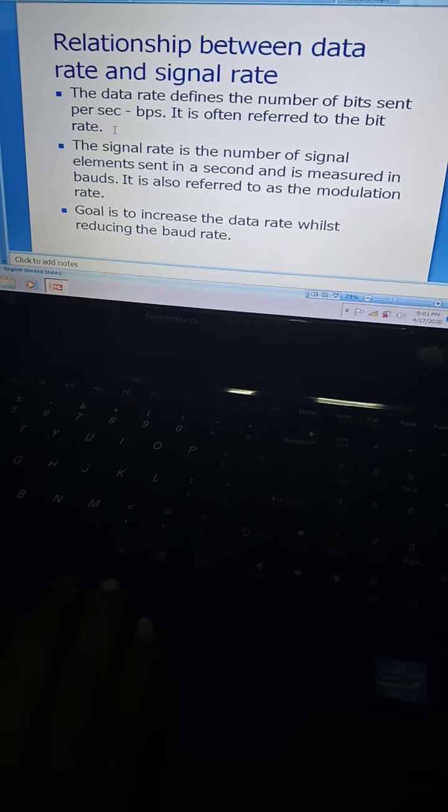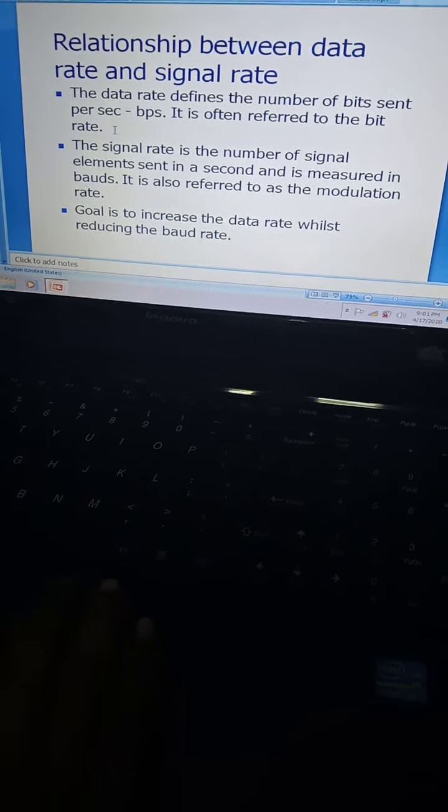So, c into N into 1 by r: c, we are assuming between 0 and 1, that is 0.5, into N, that is 100 kilobits per second. 100 kilobits means 100 into 1000. r equal to 1, that is the ratio between signal and data, both are the same, 1 by 1 equal to 1.